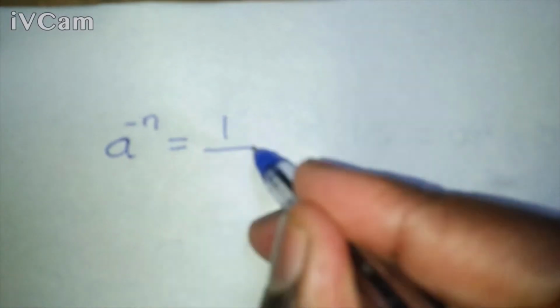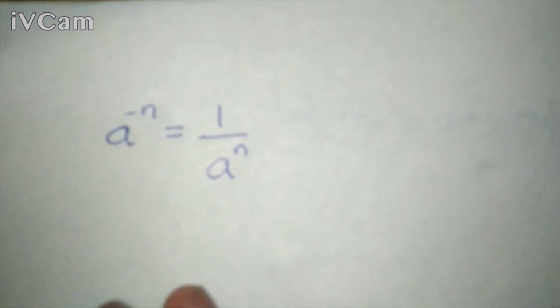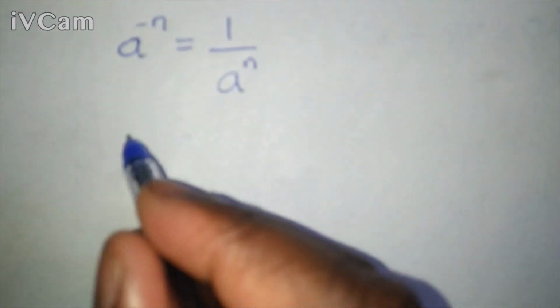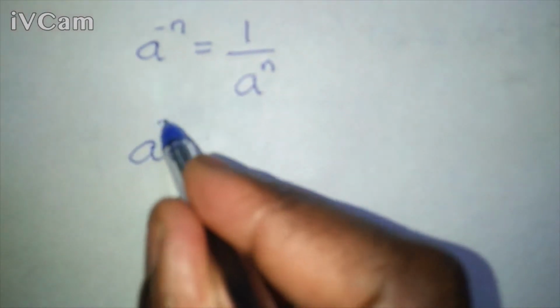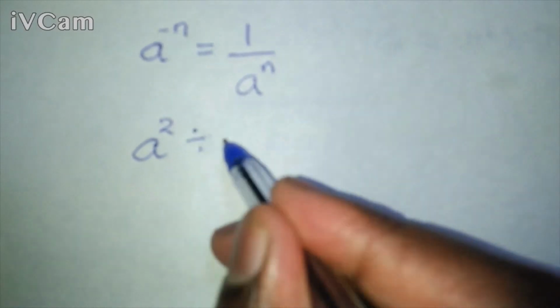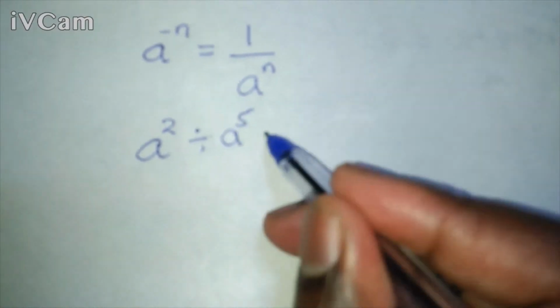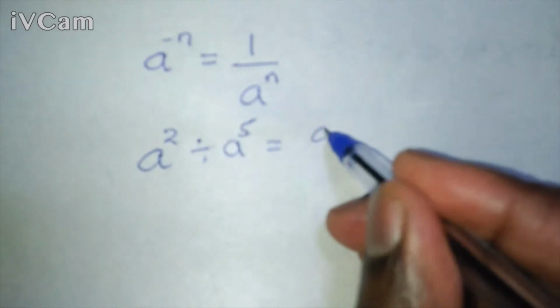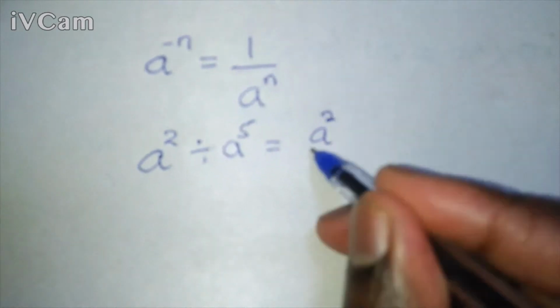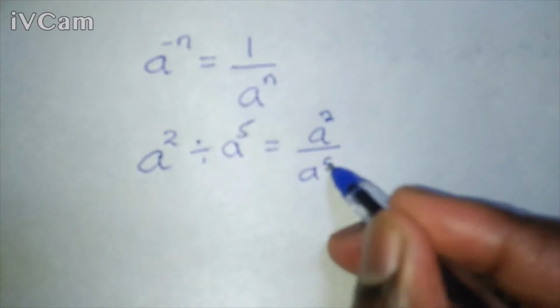Another law of indices is the reciprocal law of indices. Now this one is written as a^(negative n) is equal to 1 over a^n. This law can be proven by using an example such as a^2 divided by a^5, which will give us a^2 over a^5.